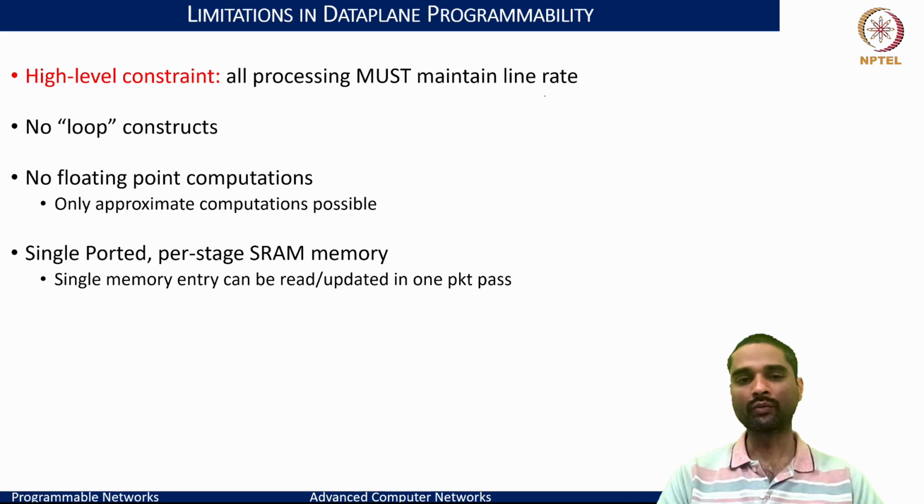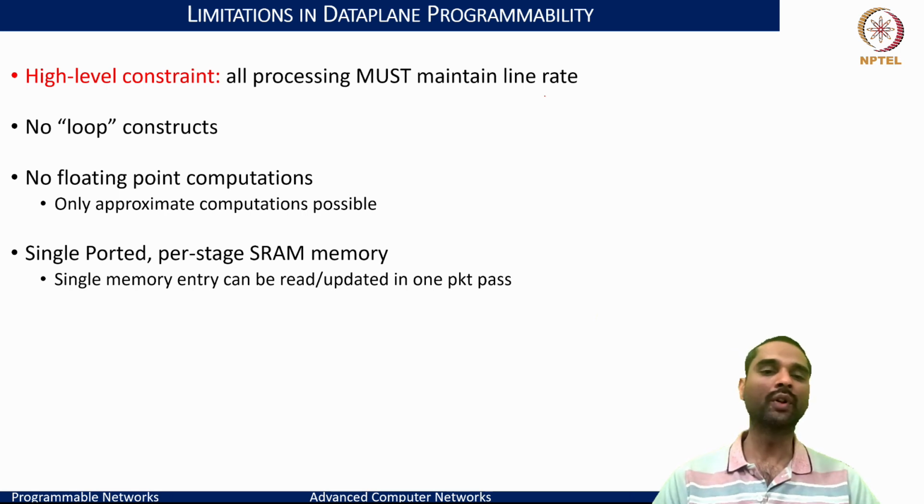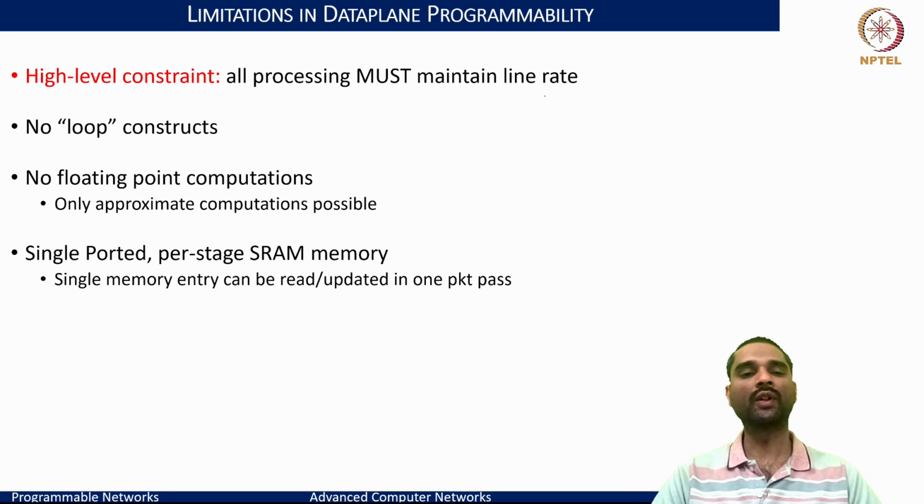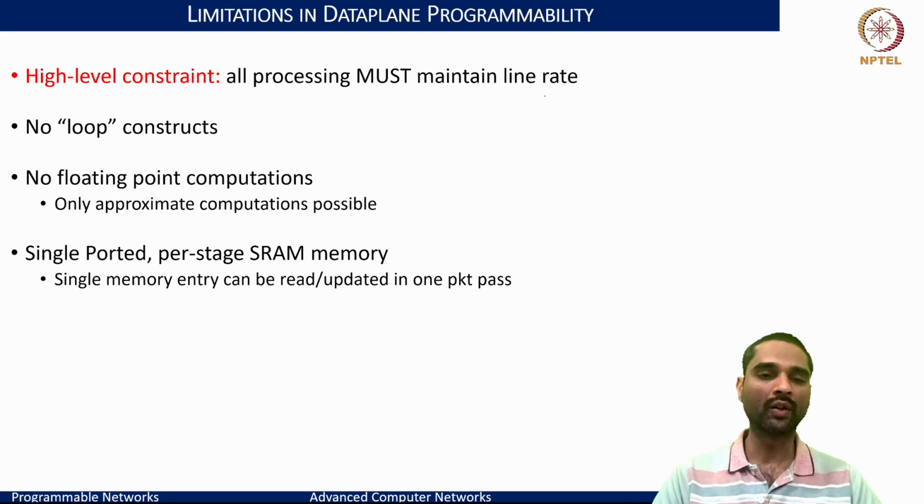And also, if there is an entry that is going to be read and updated, the way we access the memory can add to the latency, especially if you are trying to write, update, and read the changes. Then you may end up having a lot of cycle stalls for accessing that memory. Hence, the accesses right now are basically single-ported per-stage SRAM memory, where we could add multiple ports, but that also comes with a cost and overheads.